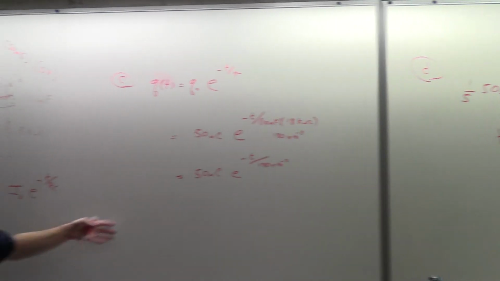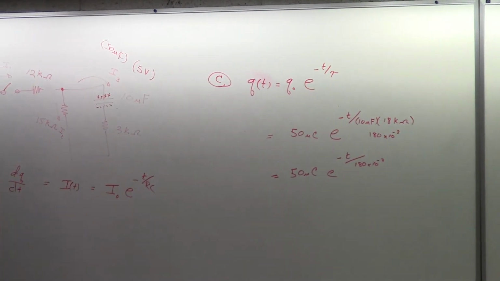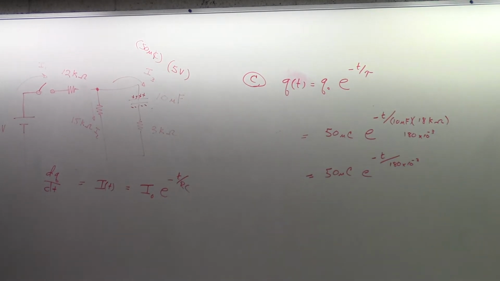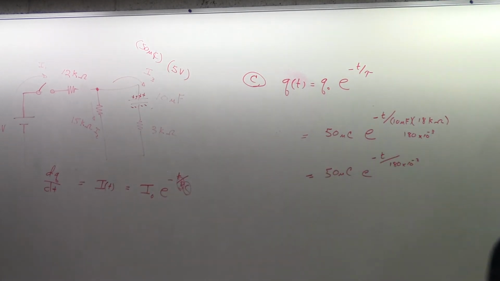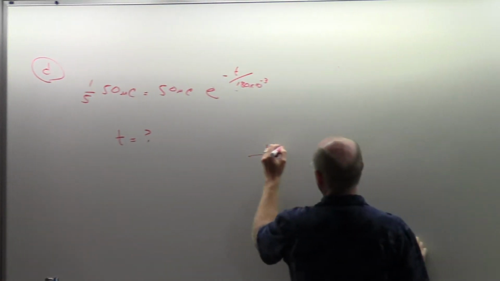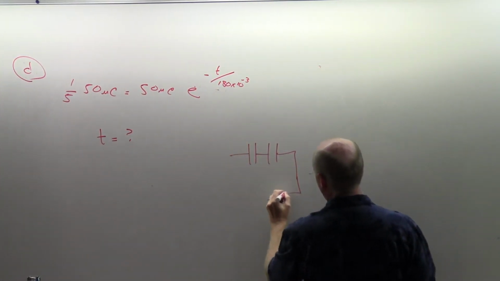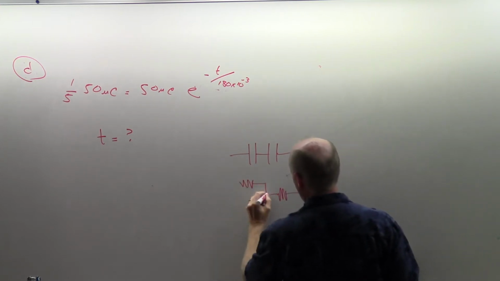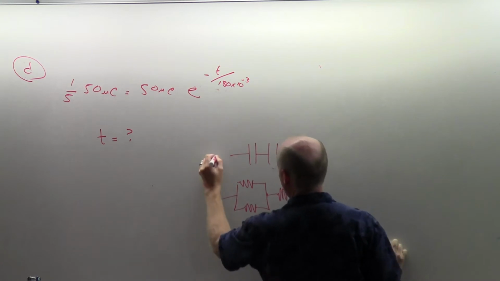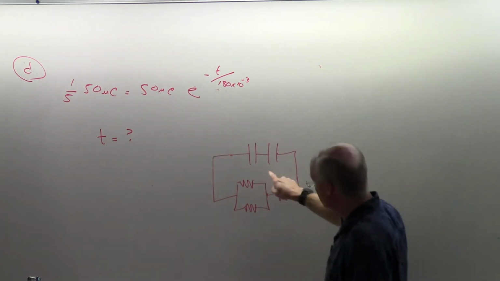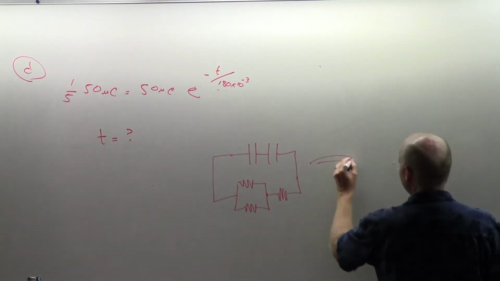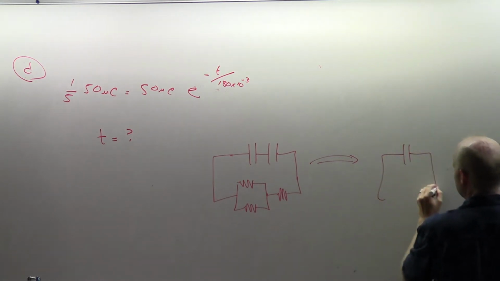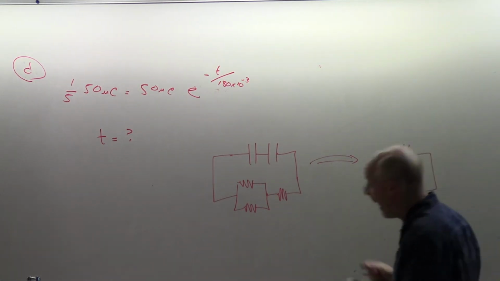Is that true for every capacitor in every circuit? Well, I'll say no. It would have to be the equivalent capacitance and the equivalent resistance. So if I had something that looked like this, and I charge those two capacitors up, and it goes to discharge, I could replace that with the equivalent capacitance there and the equivalent resistance there, and then that equation would be valid.